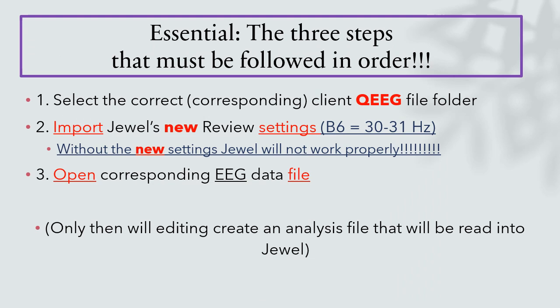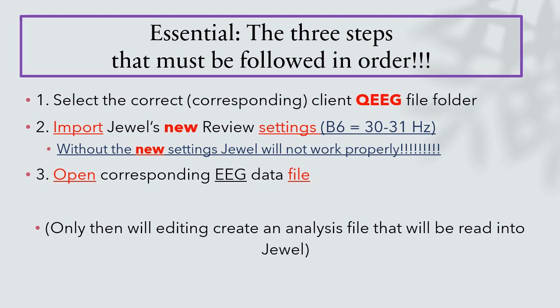Now we're going to begin a process of 3 steps that must be followed in this exact order, or an XML file will not be created correctly. Step number 1, select the correct client QEEG file folder, John Doe QEEG. Number 2, import Joule's new review settings.